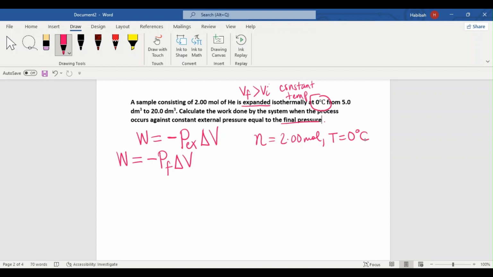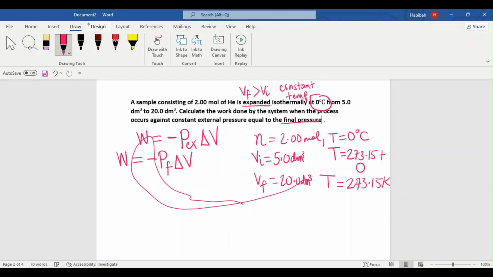We can convert 0 degrees Celsius to Kelvin by adding the Celsius value to 273.15, so the temperature is really just 273.15 Kelvin. Then V initial is 5.0 dm cubed, and V final is 20.0 dm cubed. So basically, we're supposed to solve for this.